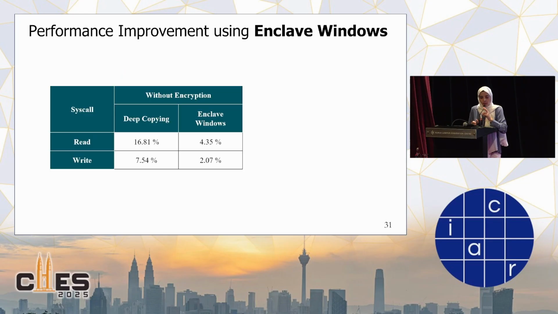To show the effectiveness of enclave windows, we compare the overheads of the deep copying mechanism with our enclave windows approach using read and write system calls. We considered two approaches. In one, the enclave memory is not encrypted, so the only overhead is due to copying of the parameters. In this case, we saw that enclave windows result in around 75% improvement in performance.